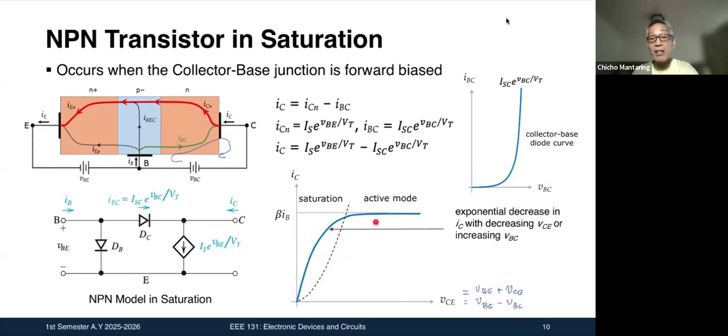Now this is for one particular value of VBE. What about for other values of VBE? For smaller values of VBE, you will have the following corresponding curves. So this is another value of VBE smaller than this one, and another smaller than this one, and you end up with this family of curves.